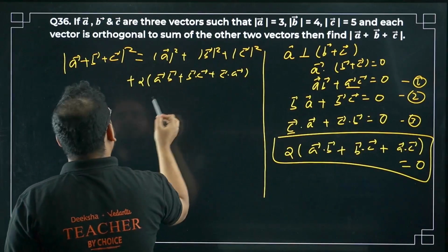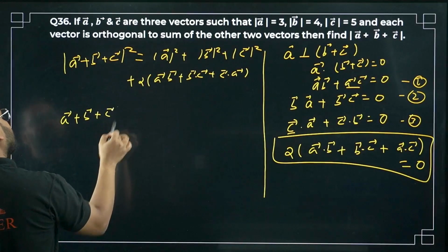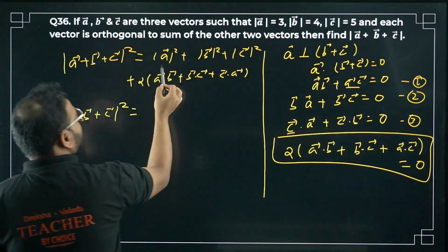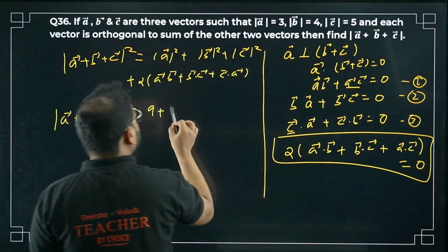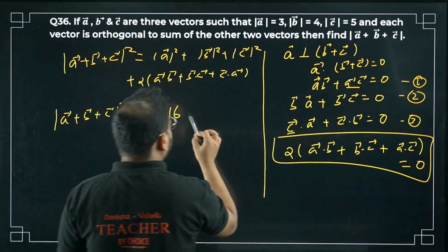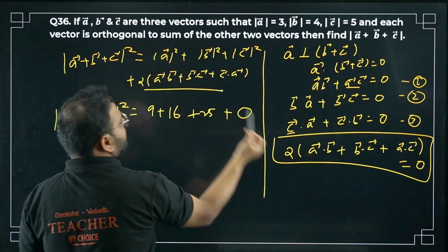Put it here. This will become 0. So A plus B plus C the whole square is nothing but 3 square, so 9, 4 square, so 16, 5 square, so 25, and plus 0.